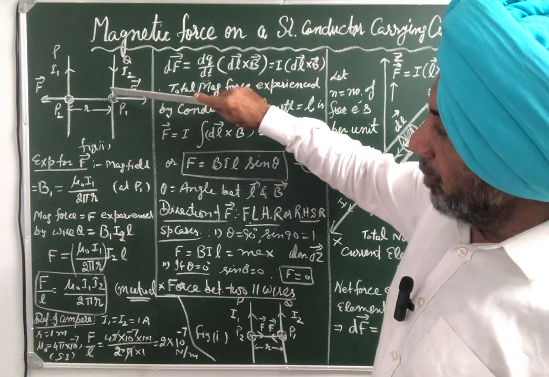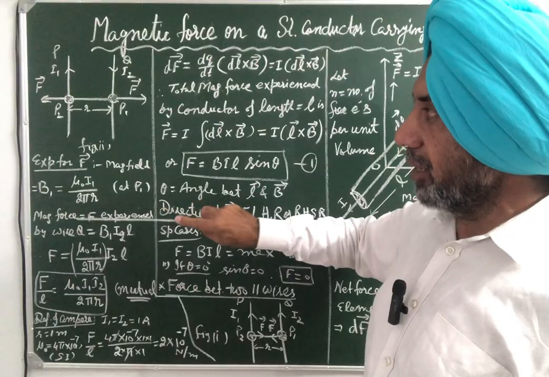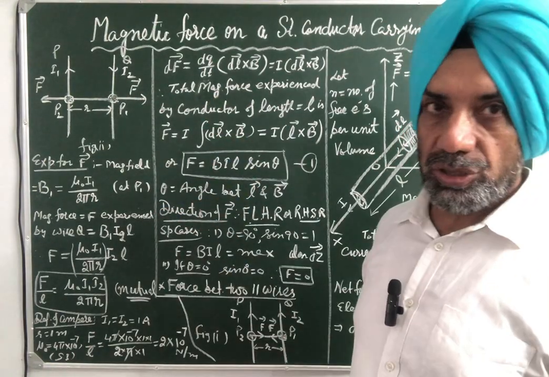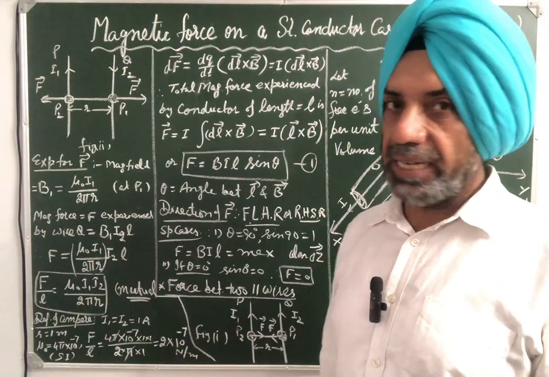Now we have to find the force on P1. So this is the magnetic field, mu naught I1 by 2 pi r, at P1. Then for the magnetic force, we have proved F is equal to BIL sin 90, and sin 90 is 1.